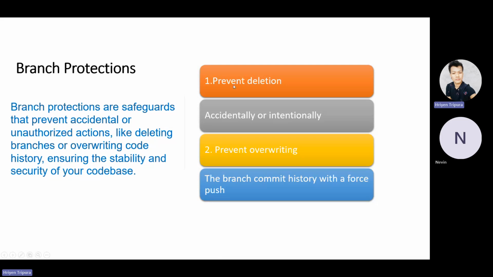For example, you can prevent deletion. If you don't want a particular person or team deleting that particular repo or branch, that is possible, because some people will do it accidentally or maybe intentionally, depending on the situation, right?